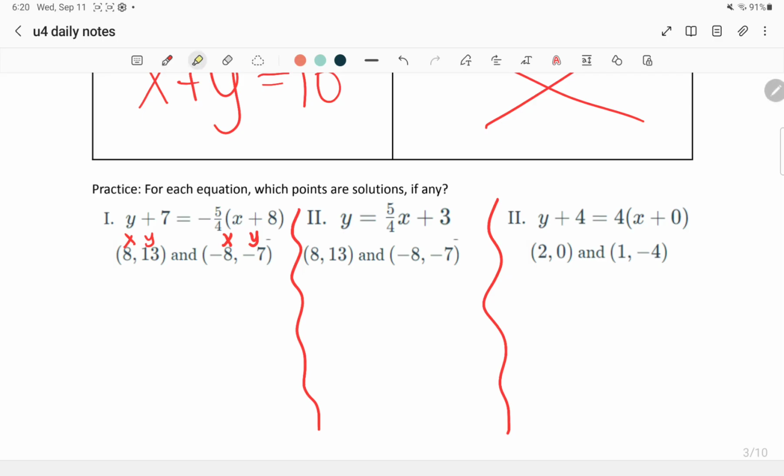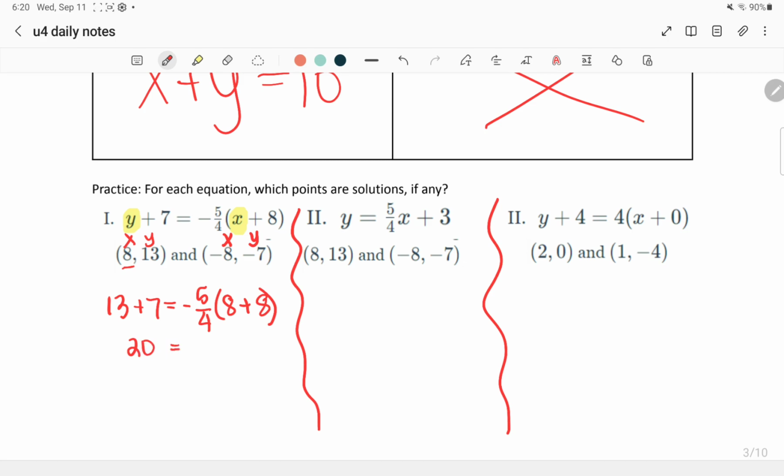So notice in my equation, I have an x and a y, and where the y is, I'm going to put a 13. Plus 7 equals negative 5/4, parenthesis, where the x is, I'm going to put 8. And then I'm going to simplify.